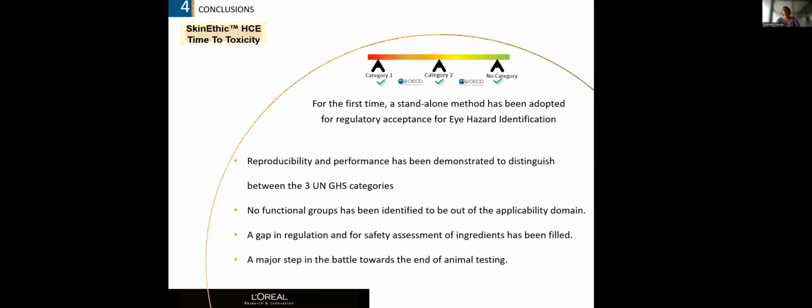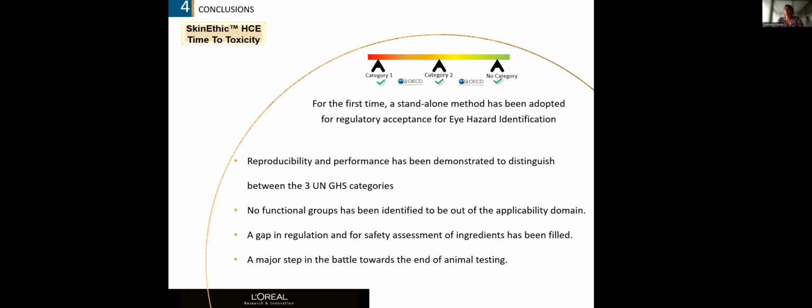So just as a conclusion, the first method, considered as a standalone method, has been adopted for regulatory acceptance to distinguish on its own the high hazard identification. The reproducibility and the performance have been demonstrated to distinguish between those 3 UN GHS categories, and this for liquids and solids.